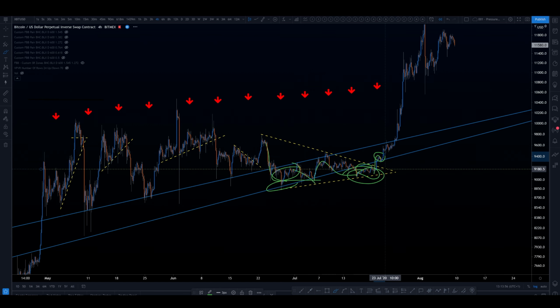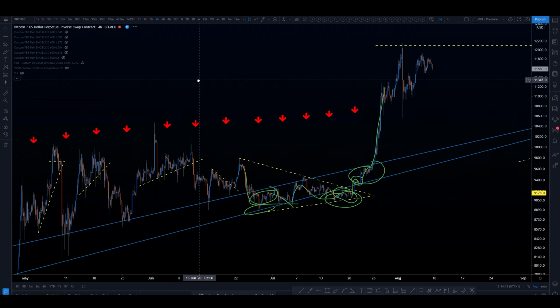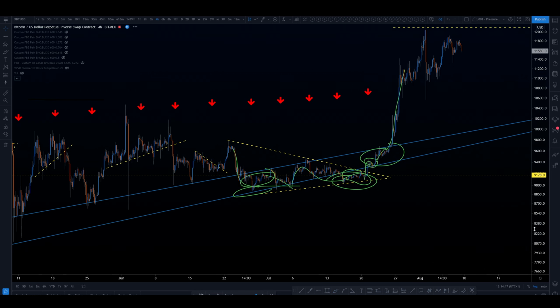Whenever we have a change in trend, we see that this might unleash the pent-up pressure to the other side. It's an early warning sign you have to look out for. Very powerful early indicator.